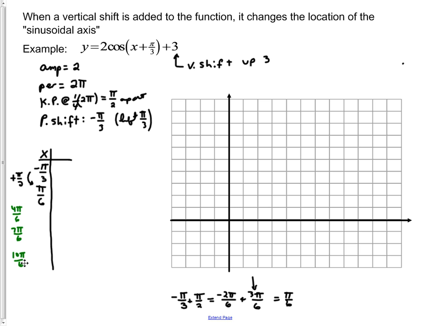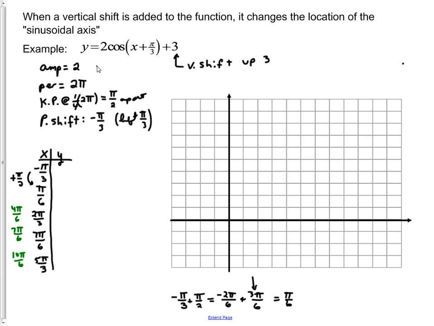So when we're using these values in our table, we're going to reduce them. So we're going to have 2 pi over 3 as another key point. 7 pi over 6 does not reduce, so we're going to keep it 7 pi over 6. But 10 pi over 6 will reduce to 5 pi over 3, and that will be the end of one full cycle.